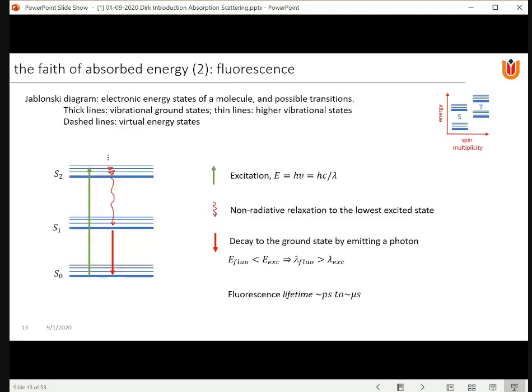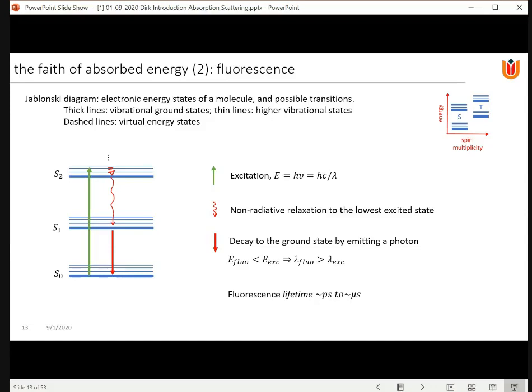Okay, then the second mechanism is called fluorescence. Again, we have the Jablonski diagram here, and again, the green arrow signifies an excitation photon. So the photon excites the molecule, in this case in the drawing, to S2, to an excited vibrational state of S2.